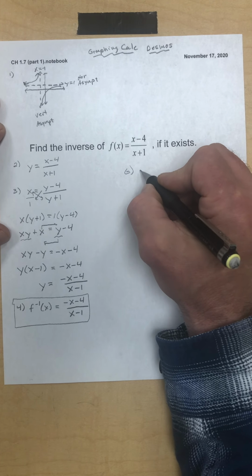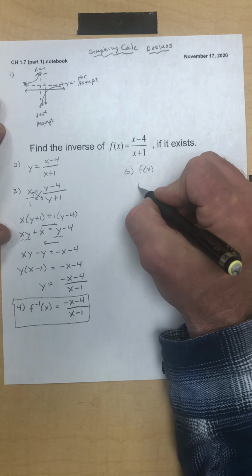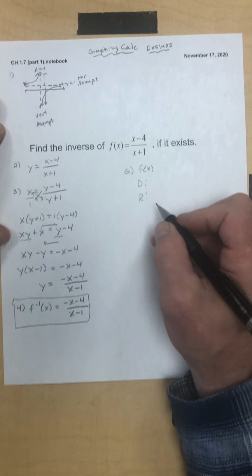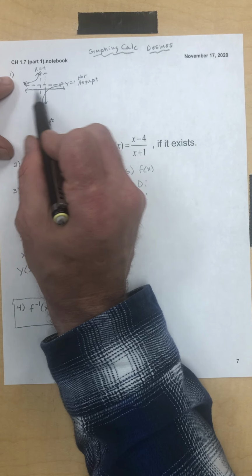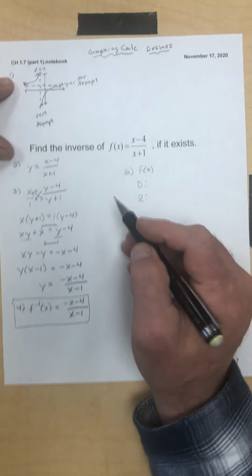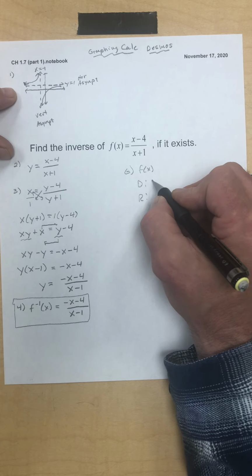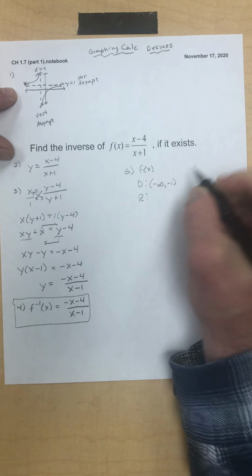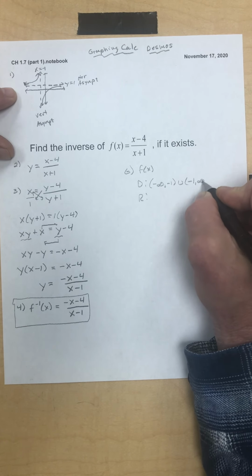So if we go to our original function f of x and I look at the domain and the range right here, the domain is everything other than x equals negative 1. So the domain would be negative infinity up to negative 1, and we don't include that, union negative 1 to infinity.